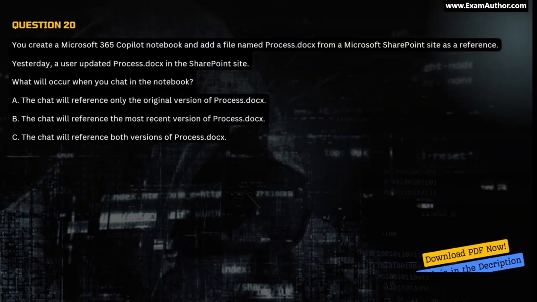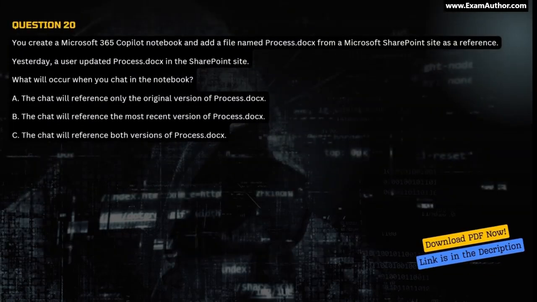Question 20. You create a Microsoft 365 Copilot notebook and add a file named process.docs from a Microsoft SharePoint site as a reference. Yesterday, a user updated process.docs in the SharePoint site. What will occur when you chat in the notebook? A. The chat will reference only the original version of process.docs.